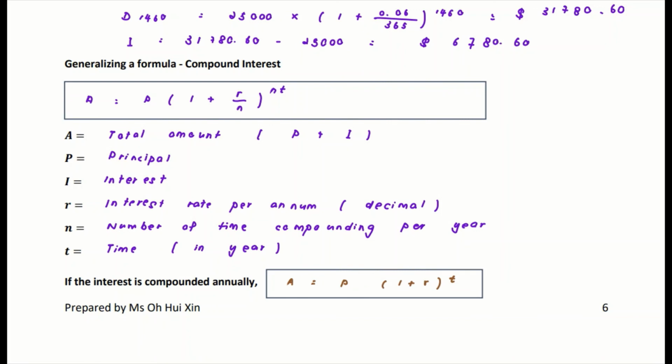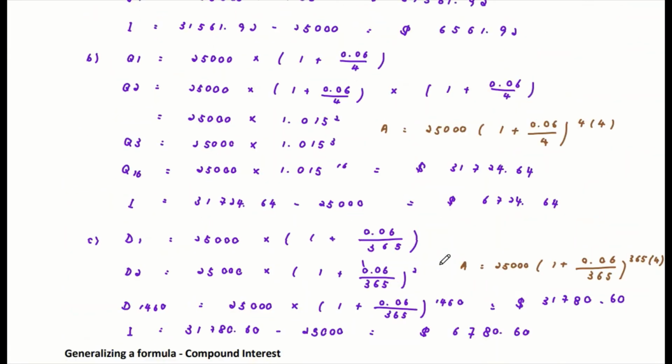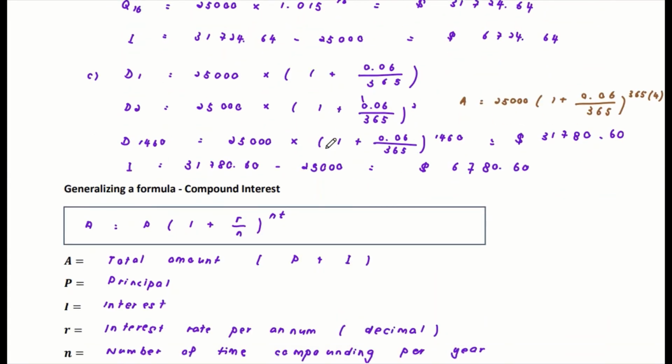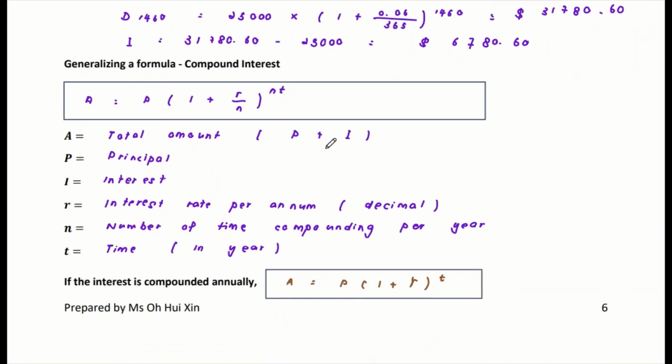Let me put them together. A equals P multiply 1 plus R, and then to the power T. So the same thing, you can try to look at this. This is the formula that you are using. You see 1 plus R, 1 plus 0.06 to the power of 4. So that's the idea.